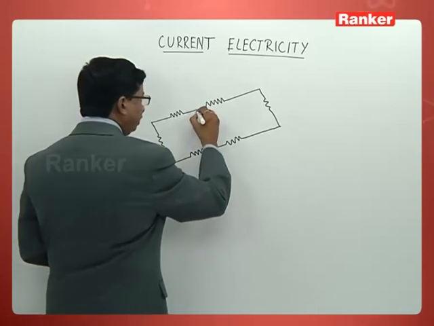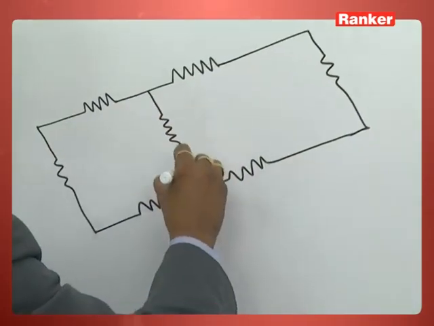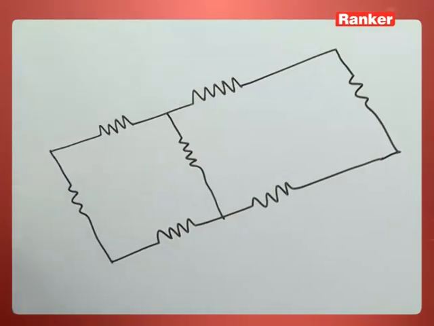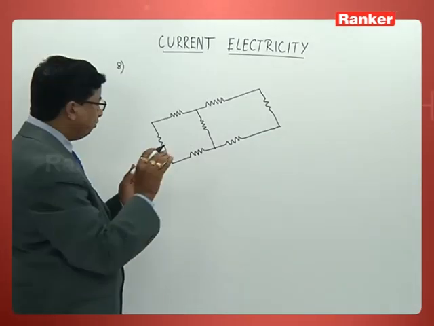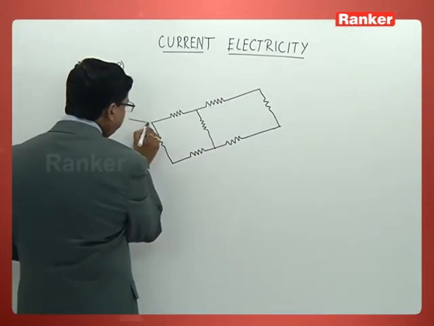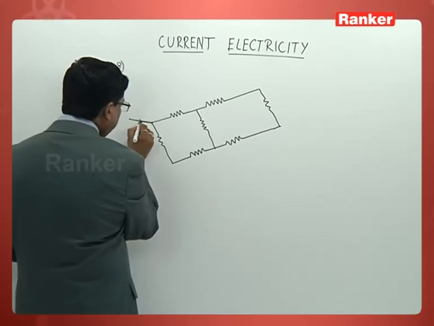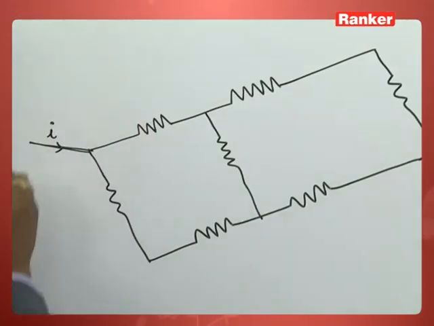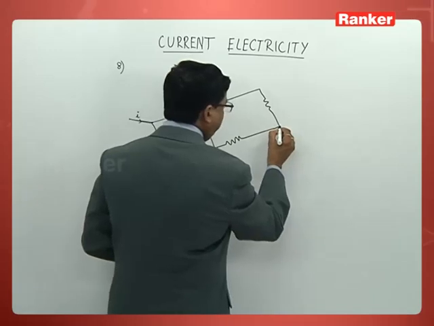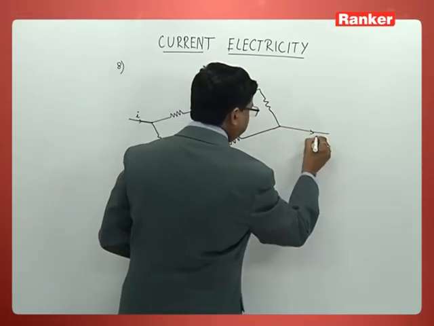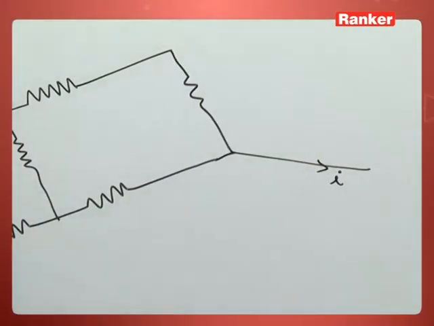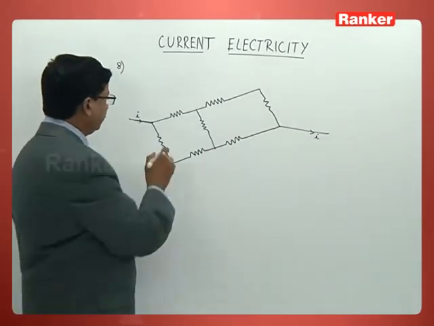In addition to that, one more resistance is connected in between also. Here very clearly he is mentioning this is the input terminal, that is current is entering this way and current is leaving this way. That has been mentioned very clearly.